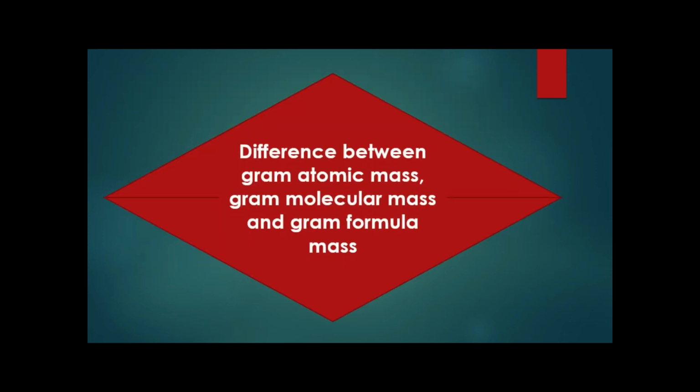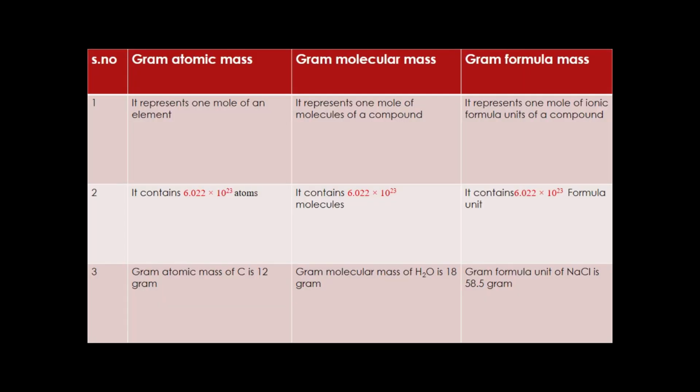Now, the difference between gram atomic mass, gram molecular mass, and gram formula mass. Gram atomic mass represents 1 mole of an element, while the gram molecular mass represents 1 mole of molecules of a compound, and the gram formula mass represents 1 mole of ionic formula units of a compound.